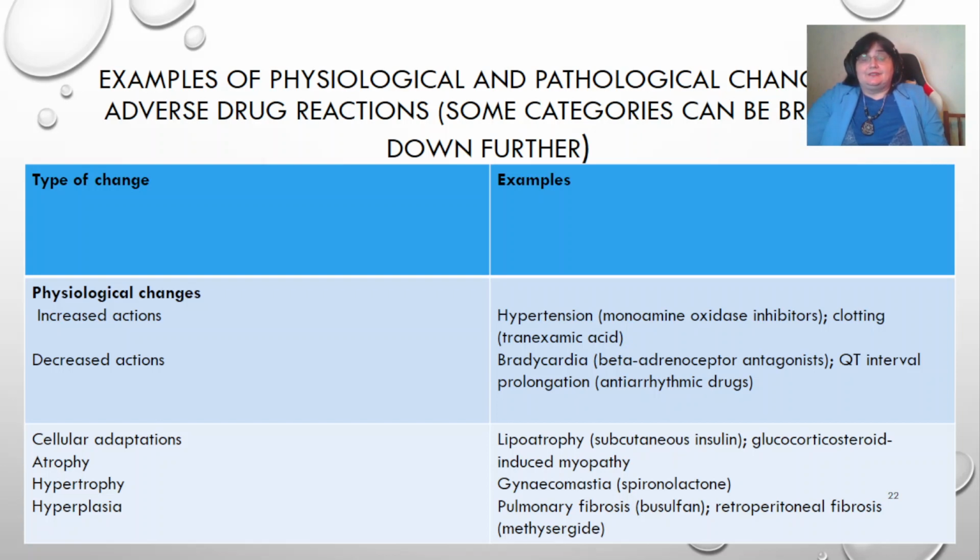Cellular adaptation: lipoatrophy with subcutaneous insulin, glucocorticosteroid-induced myopathy. Atrophy can be induced myopathy; hypertrophy, gynecomastia, spironolactone; and hyperplasia, pulmonary fibrosis, busulfan can be the cause of it, and retroperitoneal fibrosis, methysergide.